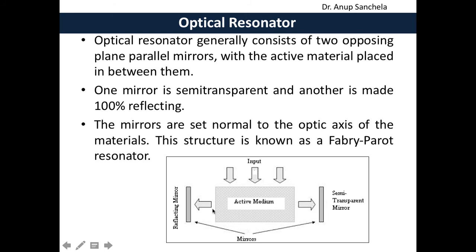If the second mirror is partially reflecting, then the wave is partially transmitted and the rest is reflected back towards the first mirror. In traveling to the first mirror, it again gets amplified and returns to the position it started from.